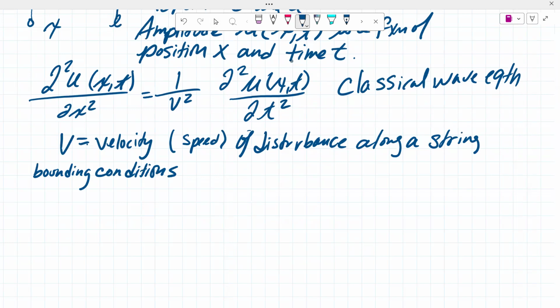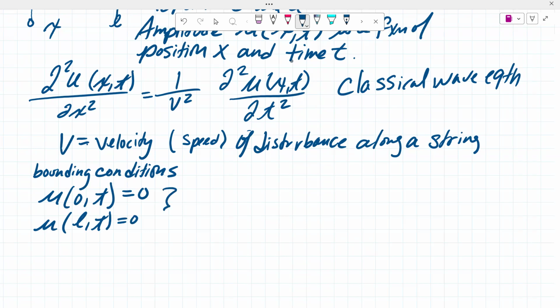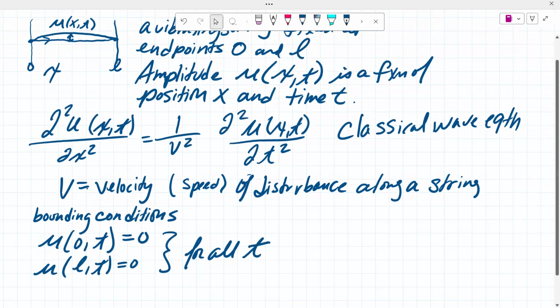What are the boundary conditions? u of 0 and t equals 0, and u of L and t equals 0. And these are both for all t. What exactly does that mean? How did we know we could write that?